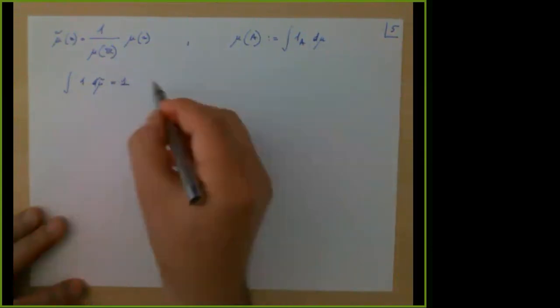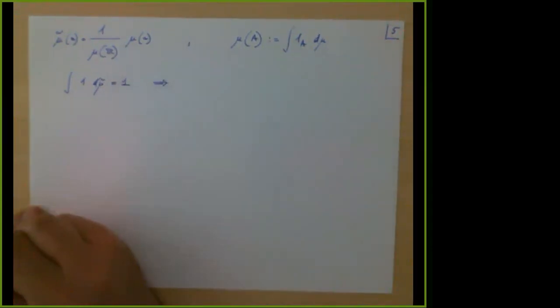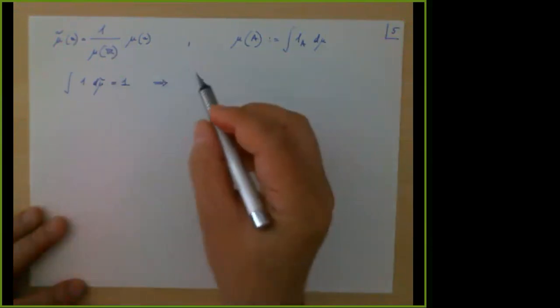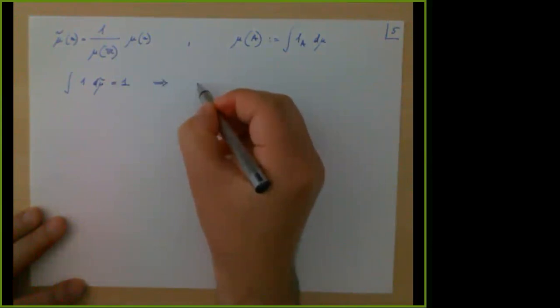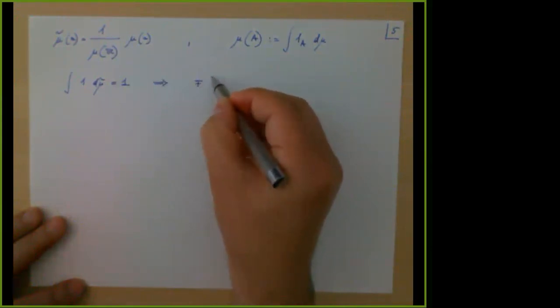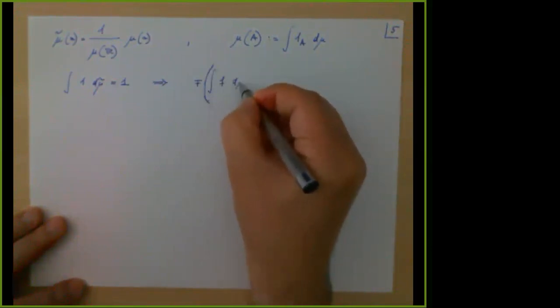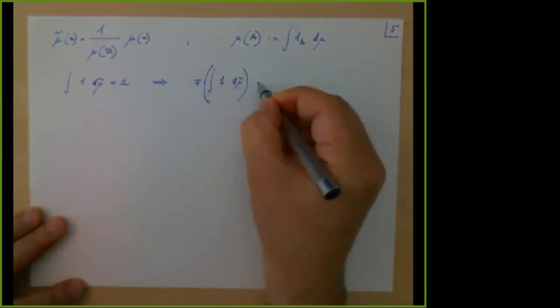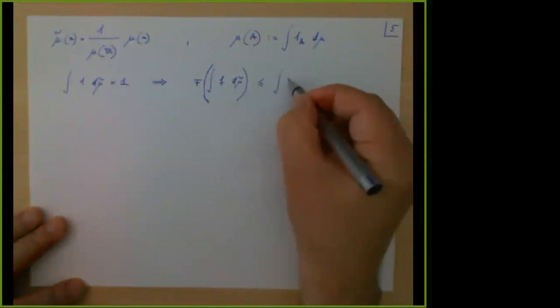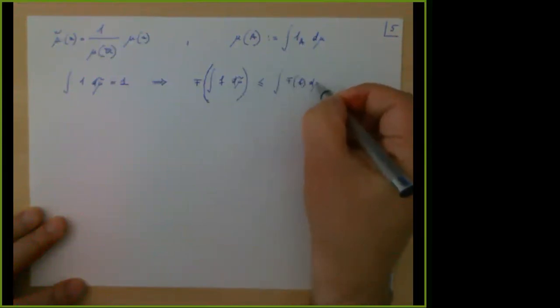This implies that we can apply the Riesz inequality that we have just proved. So we can write that f of the integral of f d mu tilde is less or equal than the integral of f of f d mu tilde.